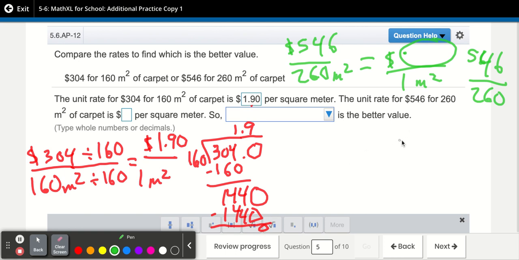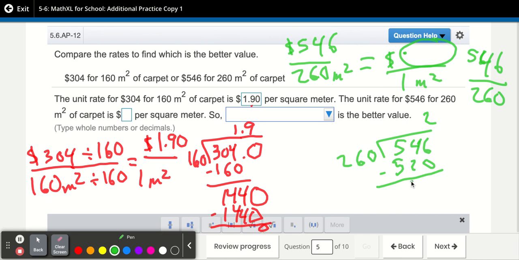But we need to do 546 divided by 260. Now, we double 26, we get 52. So if we double 260, we'll get 520. So we know that 260 is going to go in there twice.